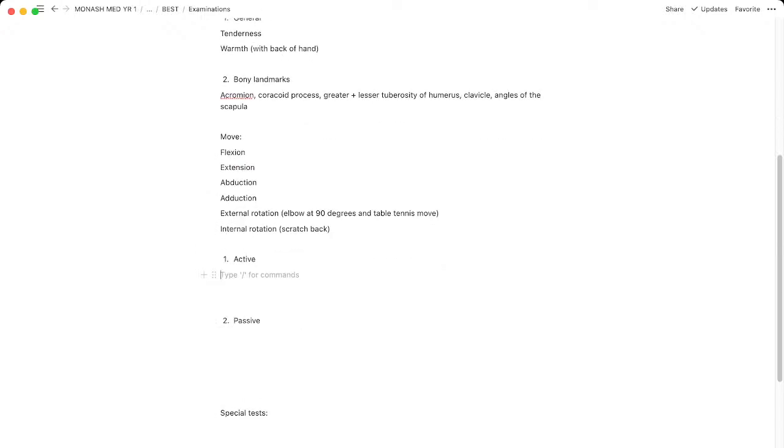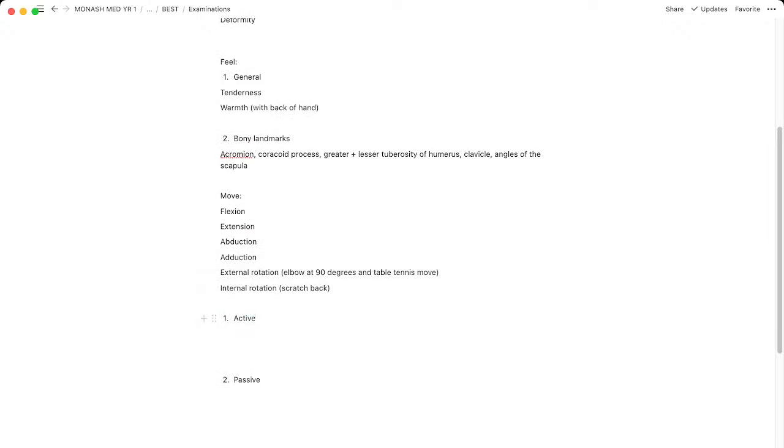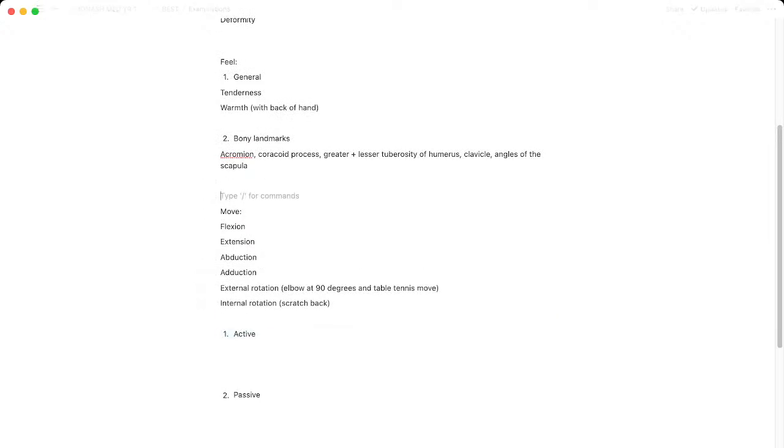Okay, that was active and passive, I guess. Special tests. What do we have? Hawkins, Neer's. Oh, they're in groups. Impingement.